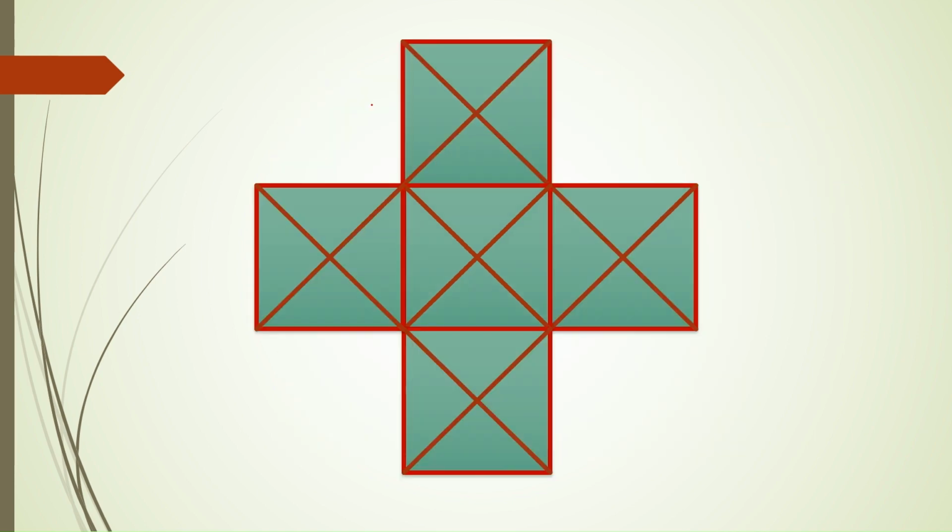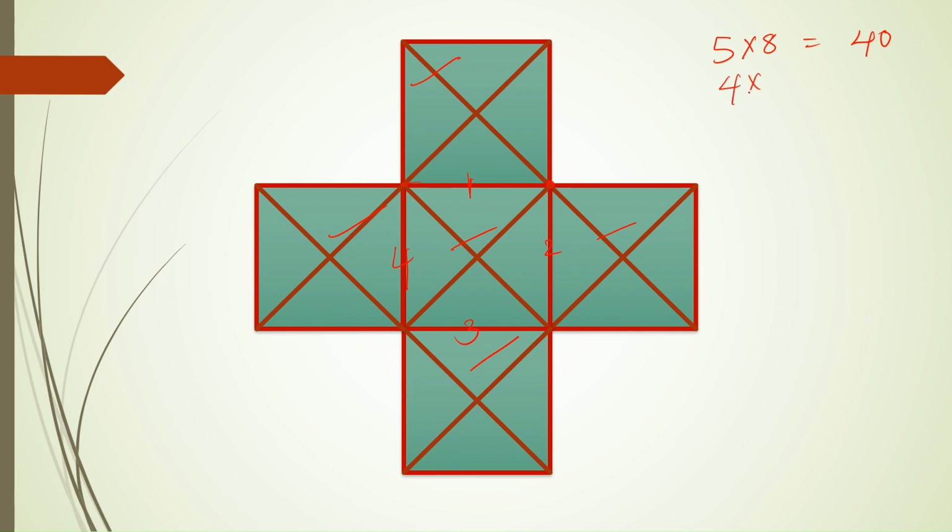Now, a figure formed by joining many square patterns. Here 1, 2, 3, 4, 5 square patterns are there. So 5 into 8 makes 40. And we also know when two squares join at a particular point, because of that there will be two other triangles. So like that we have 1, 2, 3, 4 places where two squares are joining with one another.